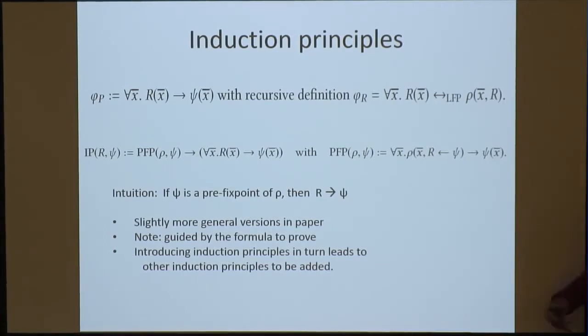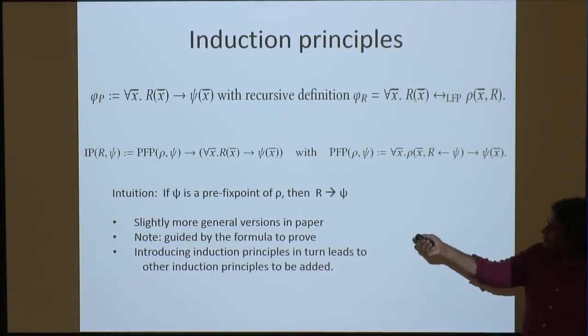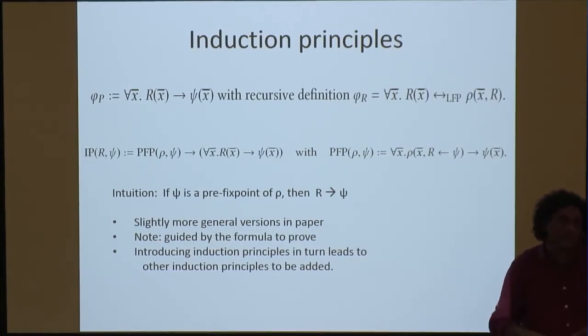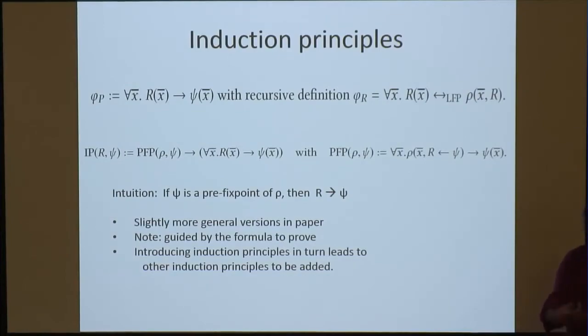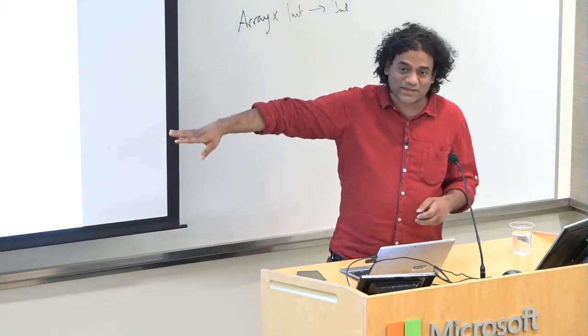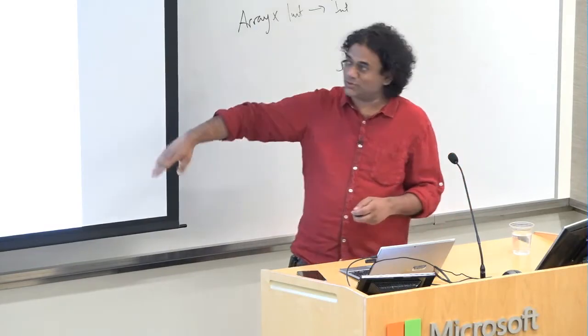So you will add one induction principle like this one, and then this might have something else, and if you regroup it, you can see it in this form, and you can instantiate one more of another kind. You can keep going. And actually some examples require that you do that.